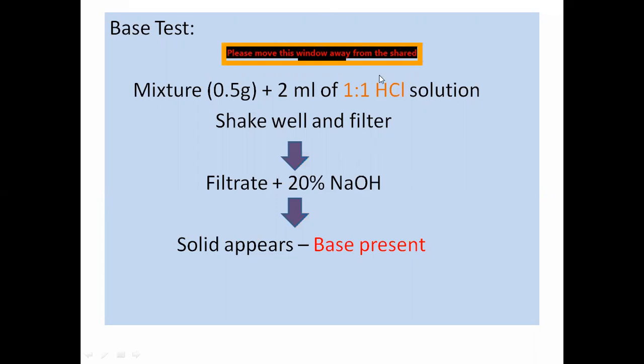Now generally, what does 1:1 HCl solution mean? If you take 1 ml water, you take 1 ml concentrated HCl. So how is this 1:1 HCl solution prepared? Half of the same amount. Then in the mixture you add the 1:1 HCl solution, so that the base gets dissolved.